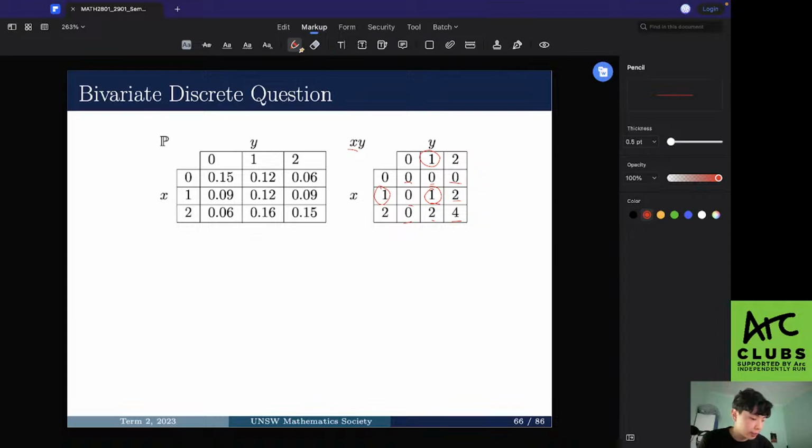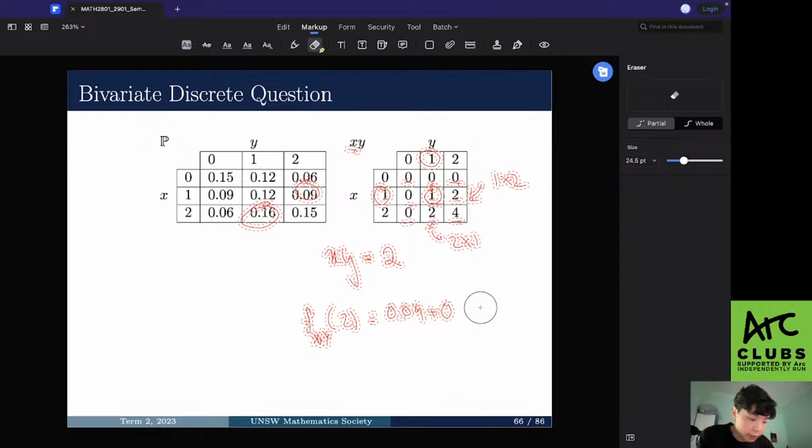So let's say we wanted the probability that x times y is equal to 2. Well, we look at every single possibility. We know that it's 2 when it's 1 times 2, and then it's 2 when it's 2 times 1. We add these two probabilities together, and then we get f of xy for 2 is 0.09 plus 0.16.